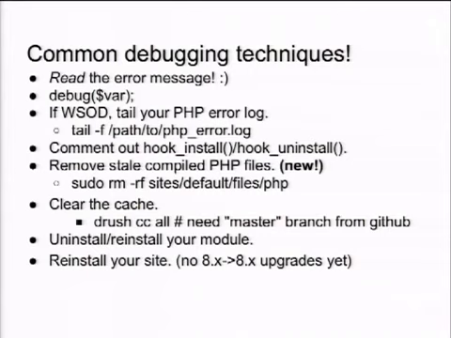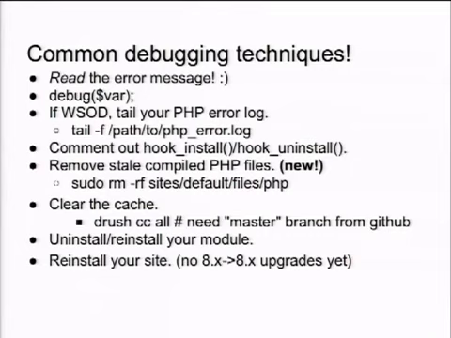One way to work around this issue is to comment out hook install or hook uninstall, so that when you turn on your module, no hooks are firing. That's a useful way to get around this. This is new in Drupal 8: when you do something like enable a module, it compiles what's called a PHP container, which is basically a cache of all of your functions and classes. If that gets messed up, that can cause a problem.